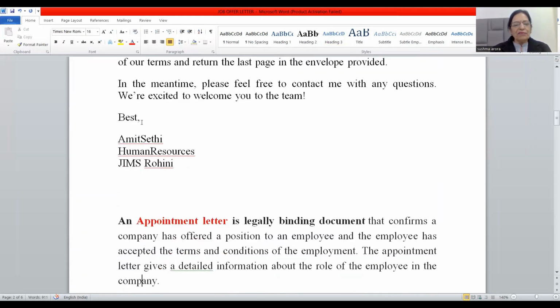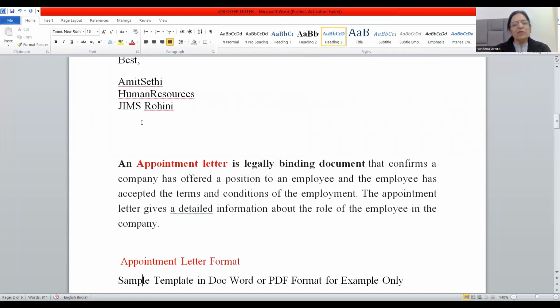So moving ahead, friends, let us know now what is the meaning of appointment letter. An appointment letter is a legally binding document that confirms a company has offered a position to an employee and the employee has accepted the terms and conditions of the employment. The appointment letter gives detailed information about the role of the employee in the company.